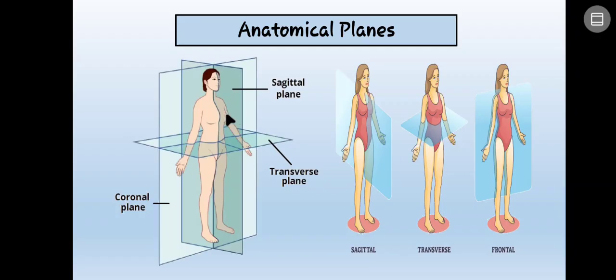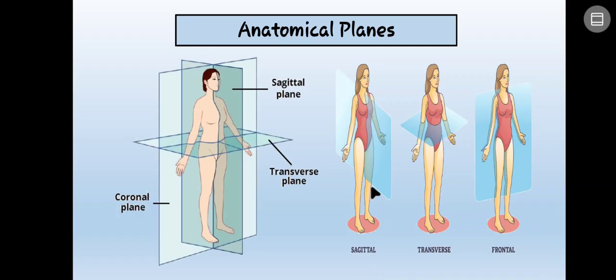So a sagittal plane is actually a vertical plane that divides the body into right and left portions. Let's look at it over here. Sagittal plane. So you can see it is cutting through the body from top to down, vertical, and it is giving us right and then left portions. That is what we call a sagittal plane.